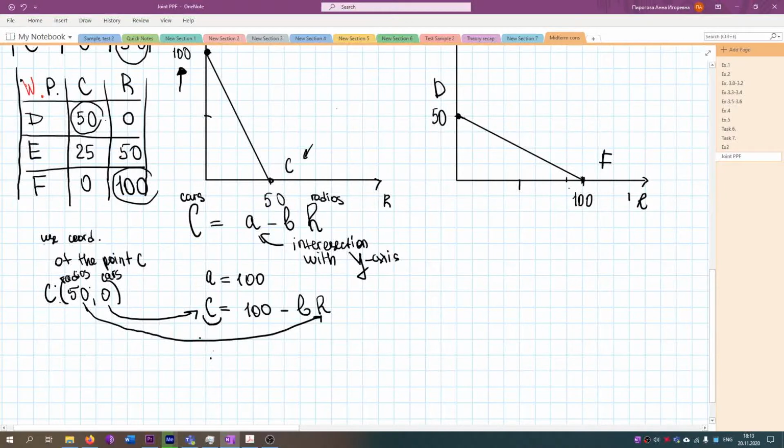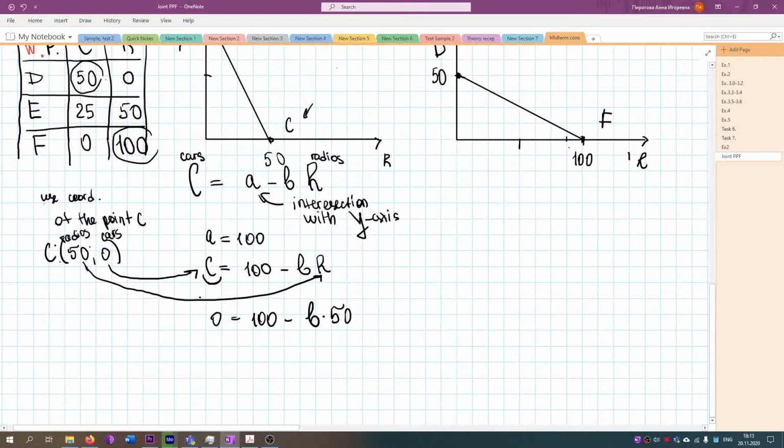So we will write that 0 is equal to 100 minus B, because we don't know this coefficient yet, multiplied by R, our radios. And we get the equation that 50B is equal to 100 and B is equal to 2.